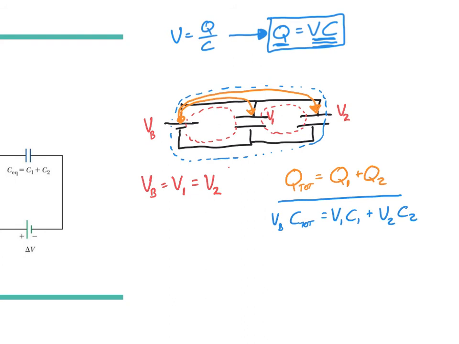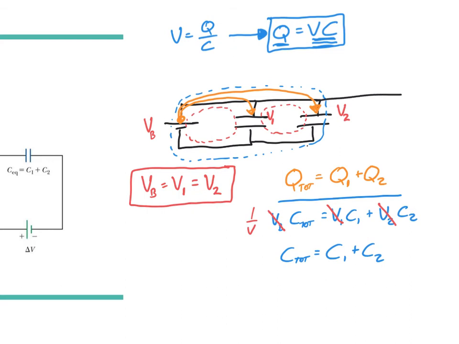I then remind myself, all those voltages are the same. So I divide by the voltage, and that cancels out all of the voltages, leaving me with the total capacitance of this circuit being equal to capacitor 1 plus capacitor 2. And if I do put a third one in there, it can be added as well, if it's there.